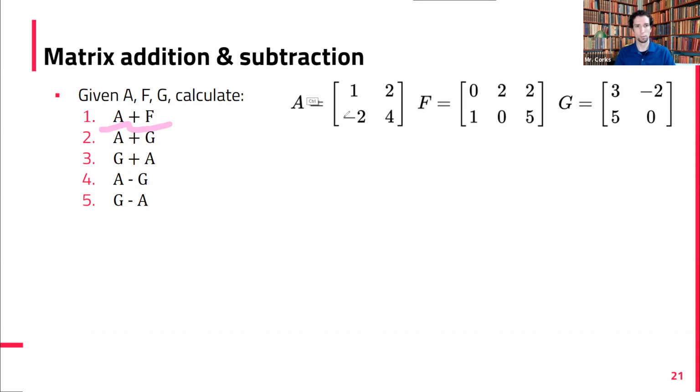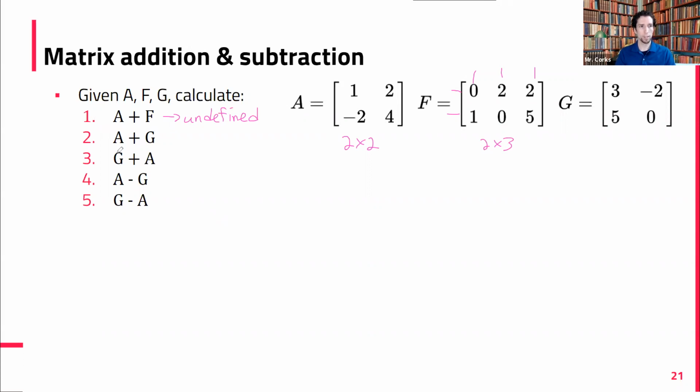Because their dimensions do not match. Okay, so A is a 2 by 2 matrix, F is a 2 by 3 matrix, 2 rows, 3 columns. If the dimensions don't match, we just stop, and this is an undefined operation. Undefined.